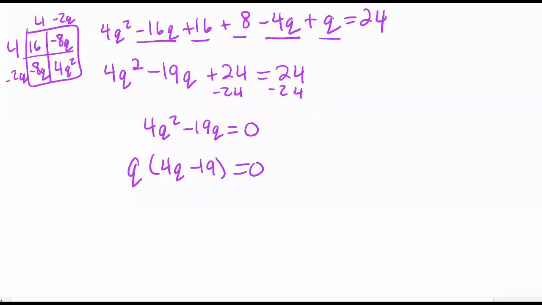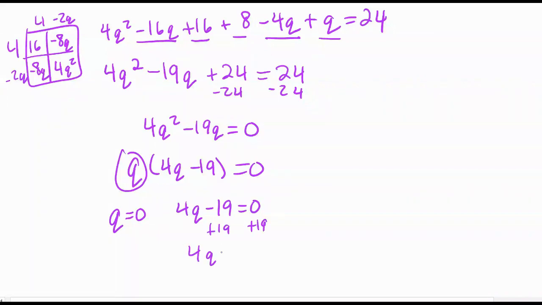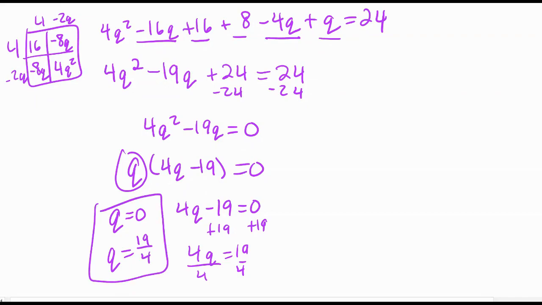And now I just solve. So this side here tells me that Q is going to be equal to 0. This side here, 4Q minus 19 is equal to 0, so I actually have to do some math. 4Q equals 19, divide both sides by 4, so Q is equal to 19 over 4. So there's my two solutions for Q.